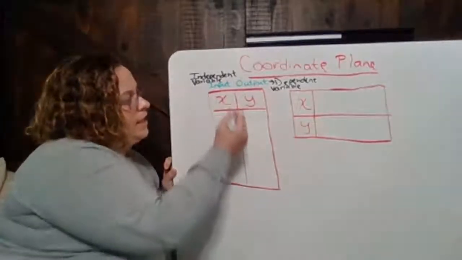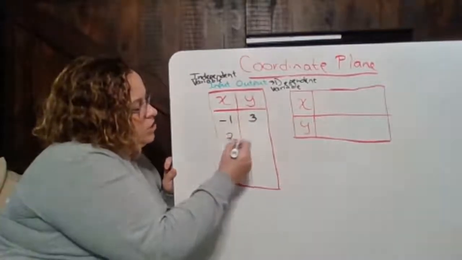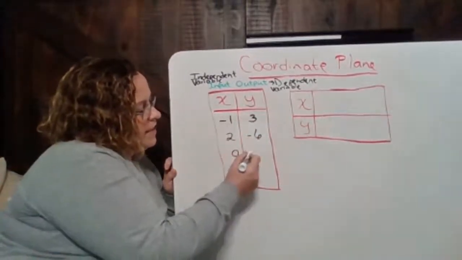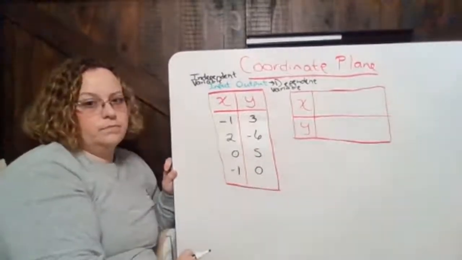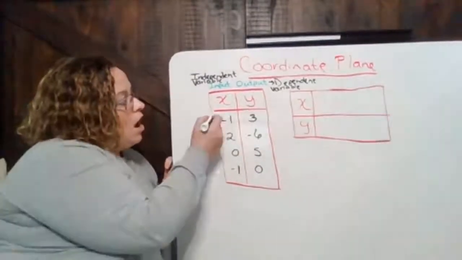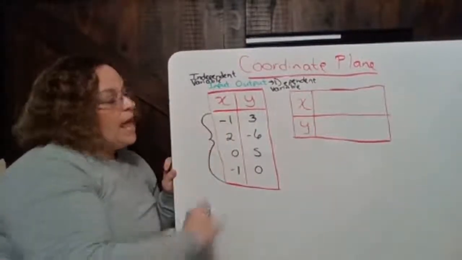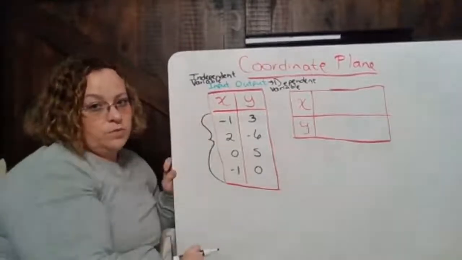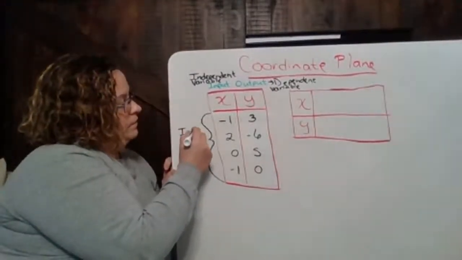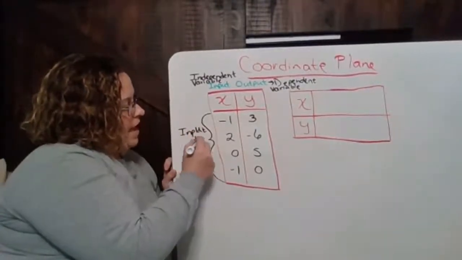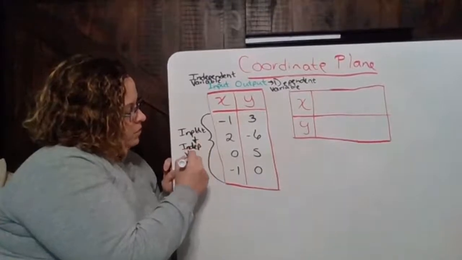So if I'm looking at my X's and my Y's here, if I say that's -1, 3, that's 2, -6, that's 0, 5, and that's -1, 0, all of these are your input and they're also called your independent variables.